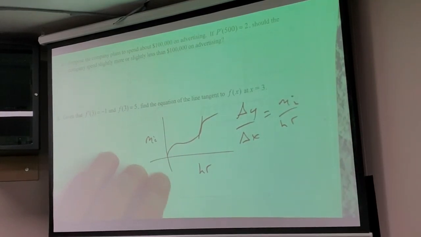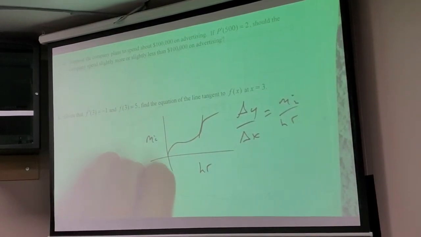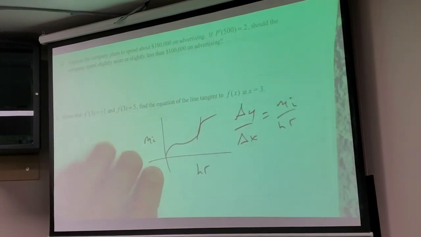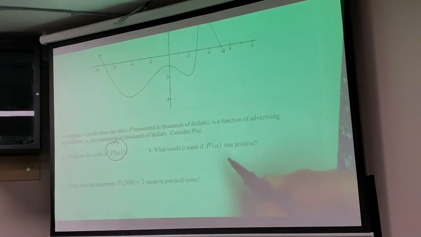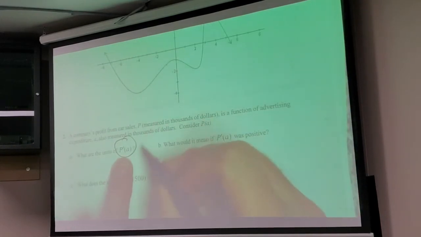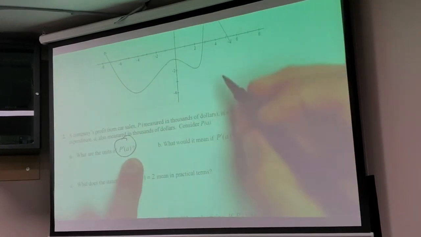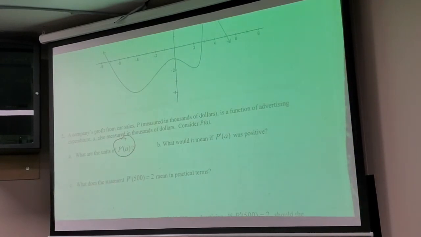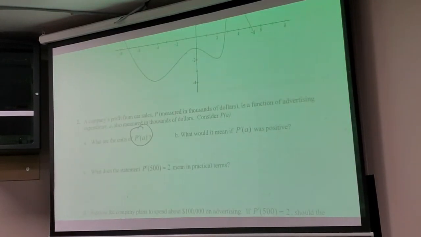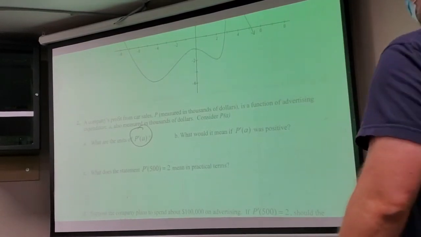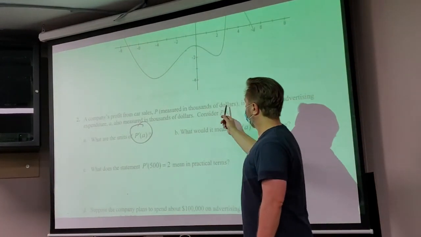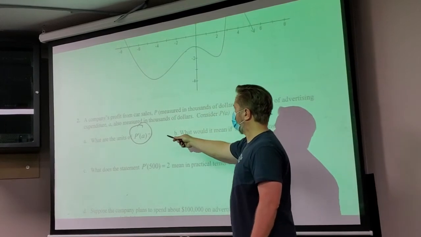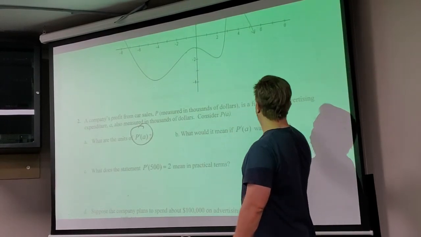So the whole thing about whatever the units on y and x are, it's the ratio of those units for the slope. So here, what are the units of P prime? Well, you have to know what P is, the output, and what A is, the input. So what does P represent? Profit in thousands of dollars. So we have thousands of dollars per, but what does A represent?